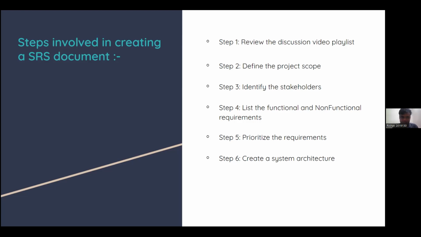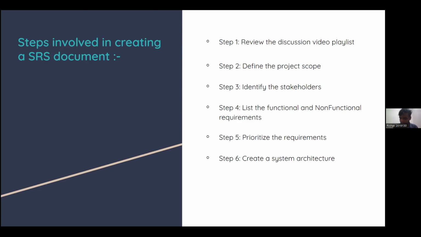These things are explained in the video playlist, from which I can see and modify and learn how the perfect SRS can be made. Then in step 4, we make notes and list the functional and non-functional requirements, and then set the priority of the requirements.